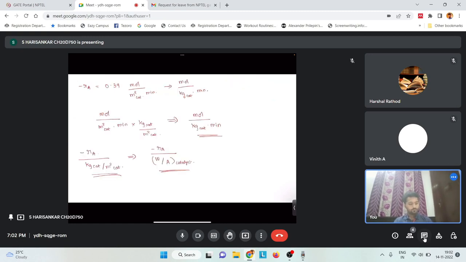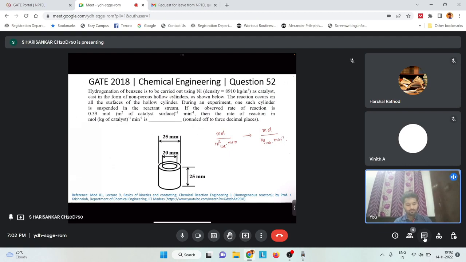So we can use these dimensions and the fact that the catalyst is a hollow cylinder, and we can find the volume of the catalyst. So volume of the catalyst, V, using the formula for volume of a cylinder, will be pi d square by 4 into h. We'll just use this formula to find the volume of the catalyst.